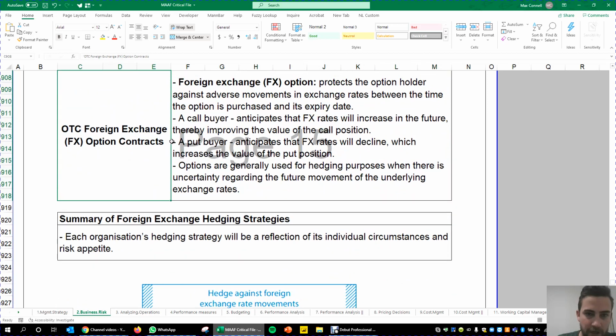Over-the-counter foreign exchange is quite similar. It's basically got a call buyer who anticipates that FX rates will increase in the future, therefore improving the value of the call option, and a put buyer. So it's basically two people on either side, quite similar to the wool example I gave before, where one's trying to lock in a value and the other's trying to speculate on a higher value, and that value is constantly traded.